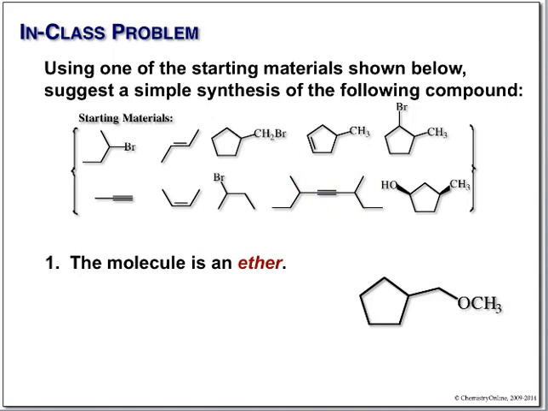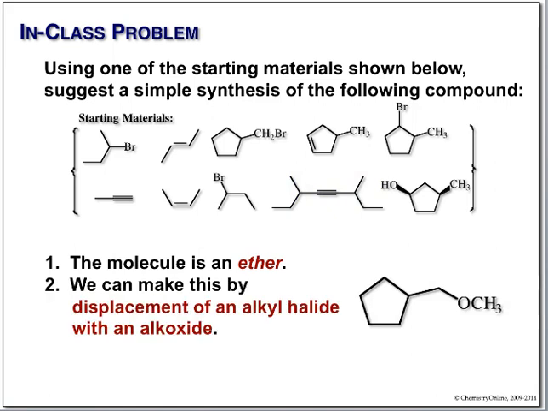We're going to make this ether using an SN2 reaction with an alkyl halide and an alkoxide. Now remember, we could split on either side here. Split here or split here. So we could actually look for 2 different alkoxides.